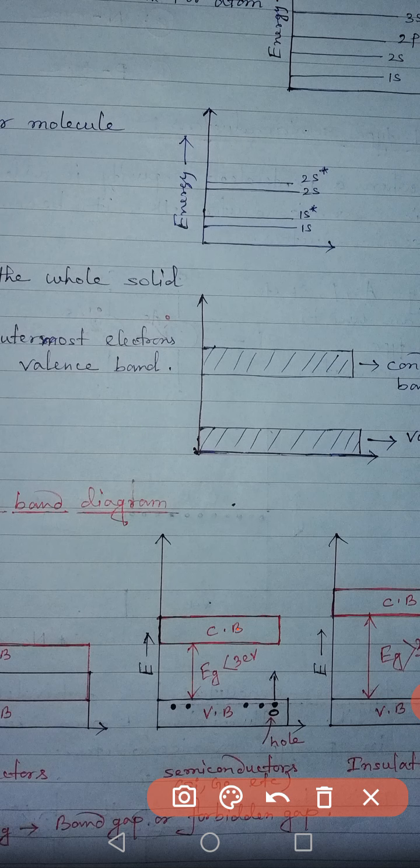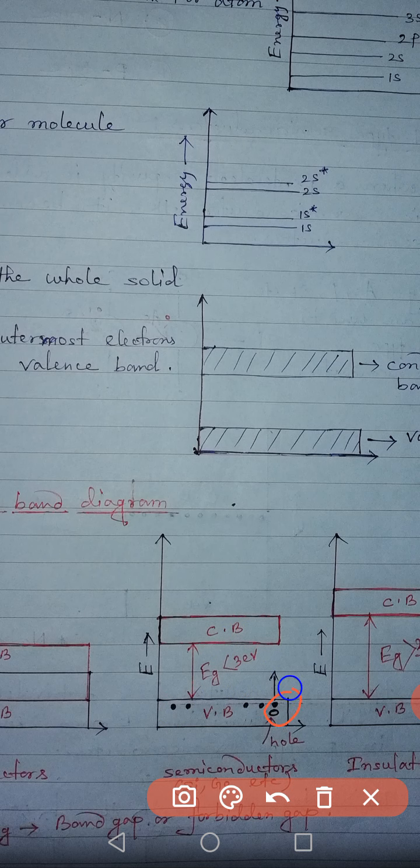And for this particular semiconductor, the number of electrons and the number of holes is the same, because if all these 5 electrons move to the conduction band, 5 holes are created. So the number of electrons in the conduction band is 5, and the number of holes in the valence band is also 5. So the number of electrons is equal to the number of holes in this type of semiconductor.